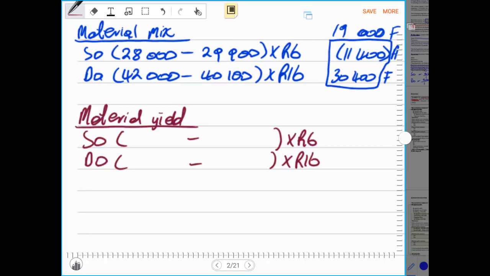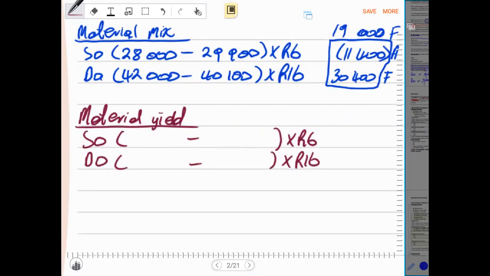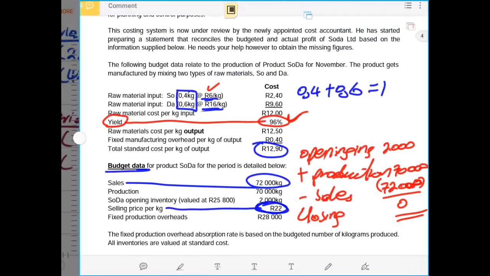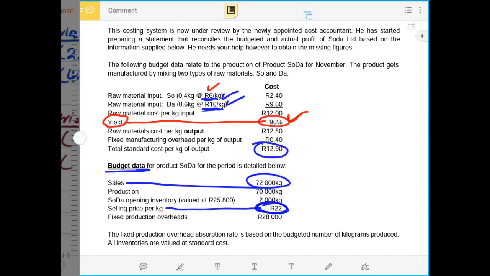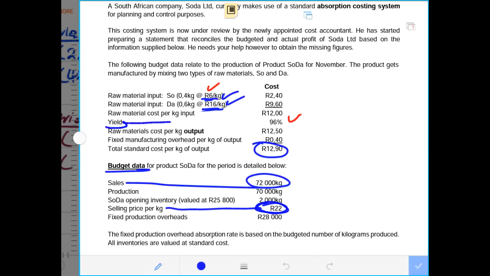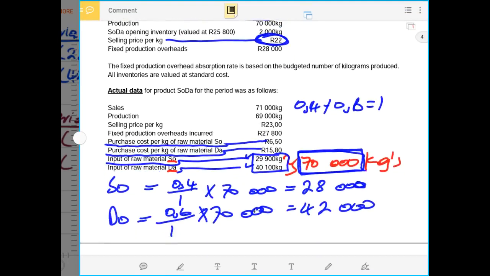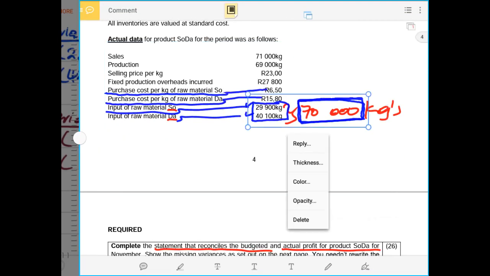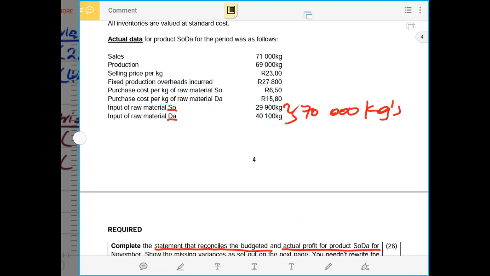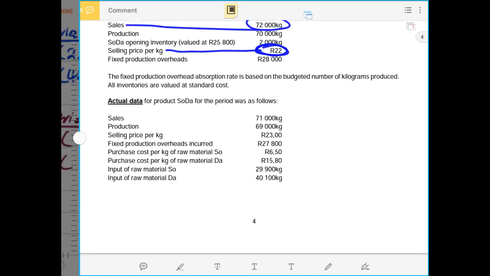So now we were told that our yield is 96%. So now, if our yield is 96%, that means that our output of production is 96% of what was introduced in the beginning of the process.